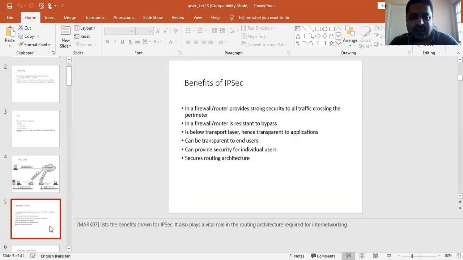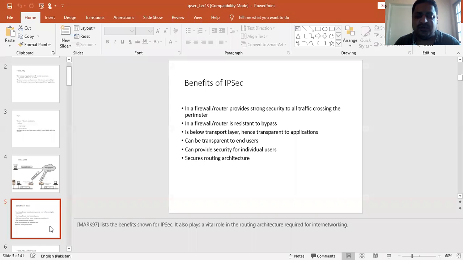As you know, we provide security at different layers: the application layer, the transport layer, and the network layer, because we are securing the data through the whole transmission, from host to host, from network to network, from process to process. That's why we need to provide security at the different layers.